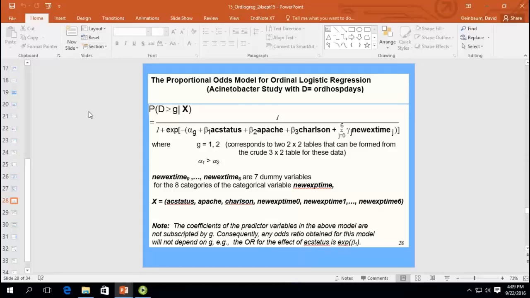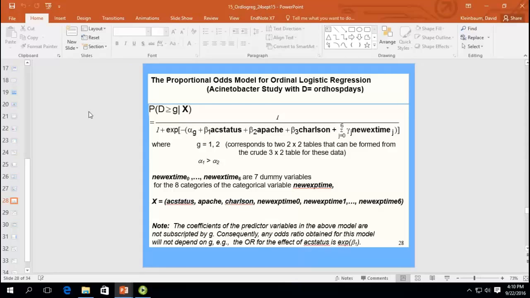Alternatively, you could use polytomous logistic regression to do the analysis. But you might be losing something compared to a different form of ordinal logistic regression, because you're not taking into account the ordinality, and you might not get as powerful a test or as accurate an estimate of the odds ratio.